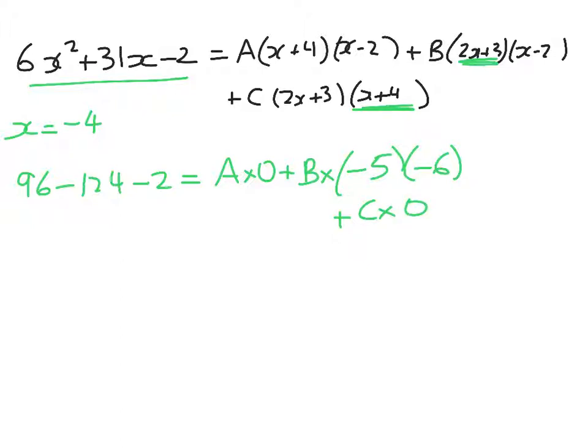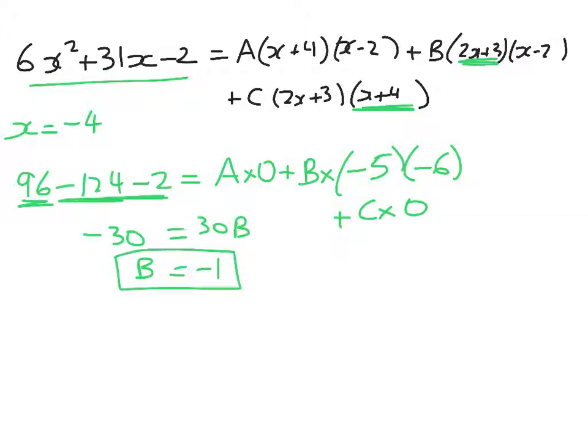So over here, 96 minus 124 minus 2 gives me negative 30, which is equal to 30b. So that gives me b is equal to negative 1. And from the previous page, we have c is equal to 2.